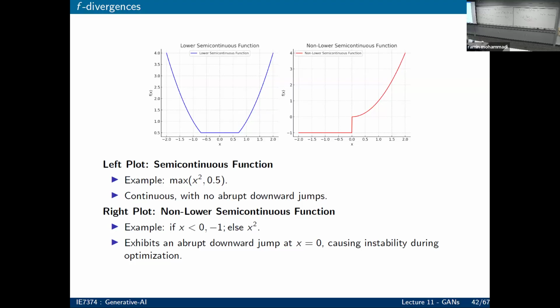The values at this point and this point are not valid with respect to what we said, that it should always be lower than the other one. So if you have an abrupt jump like this, it's no longer semi-continuous. If it's a normal, convex function without that abruptness, then it becomes lower semi-continuous.